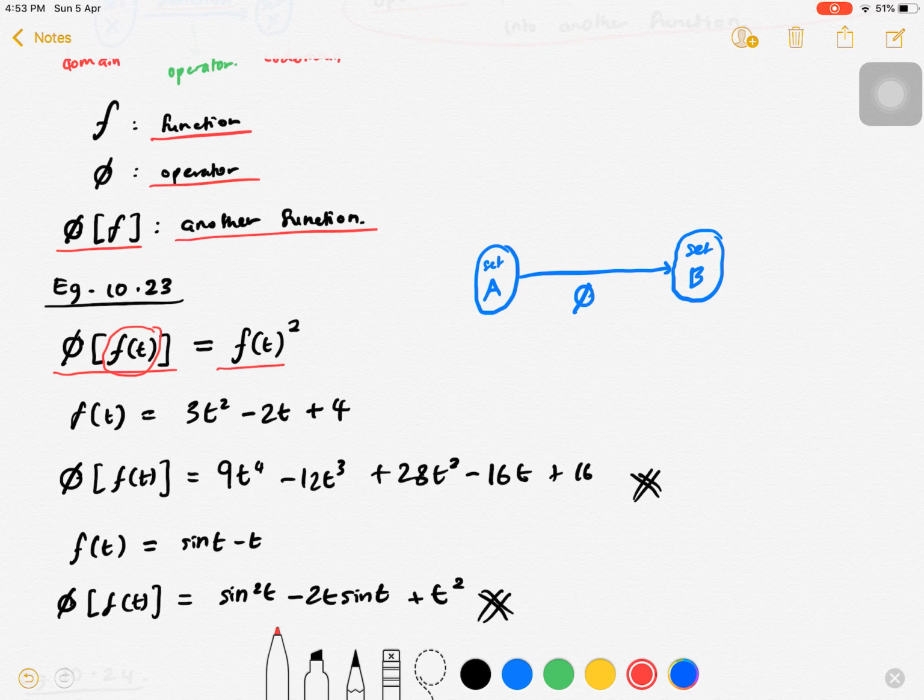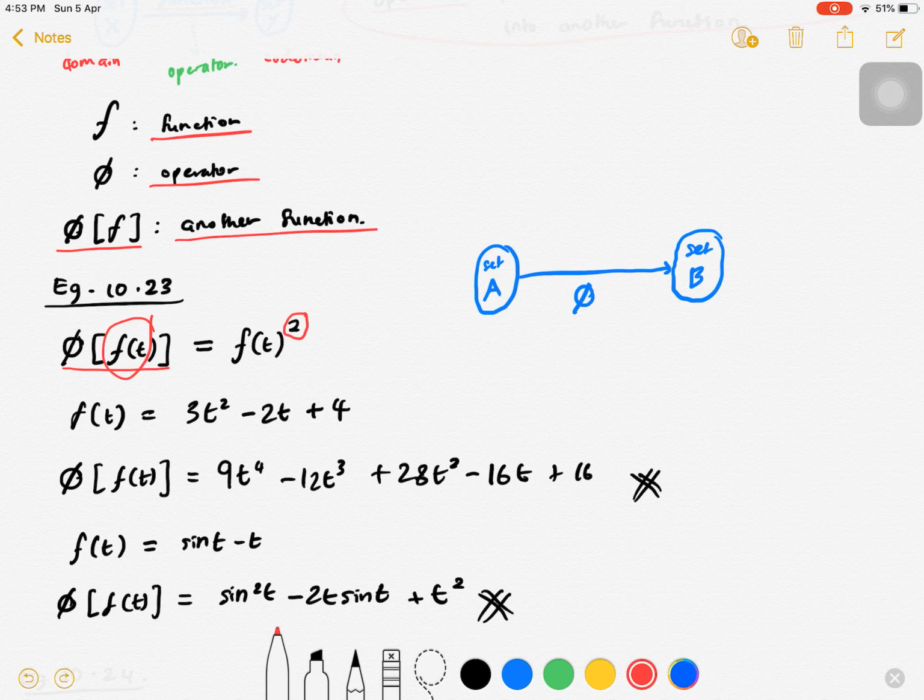So this is another form of function created by the operator. Do you see the difference? The difference is the original function is squared. That is the use of the operator. It squares this function, and we will get the new function right here.